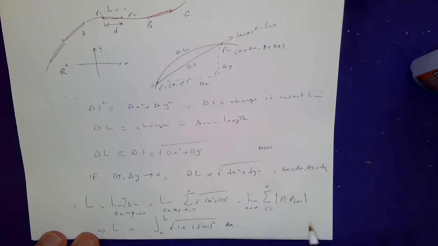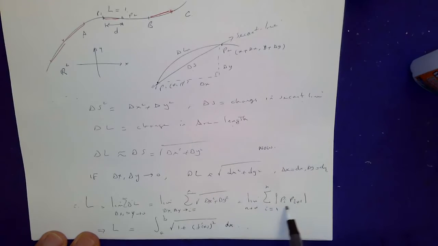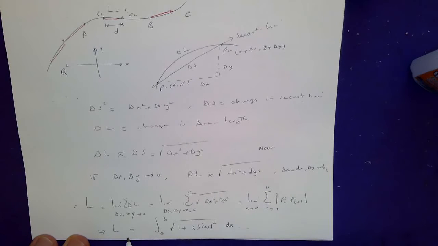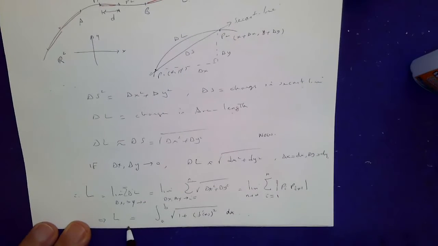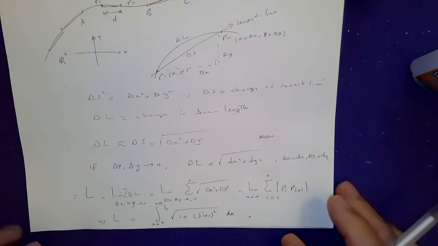Lo and behold, that would be the same as the limit of the sum of these line segments as n approaches infinity, where i goes from 1 to n. And lo and behold, you have the formula, which is the arc length equals the integral from a to b, so that will be the limits for x, of the square root of 1 plus f prime of x squared dx. This is what we did in previous classes.